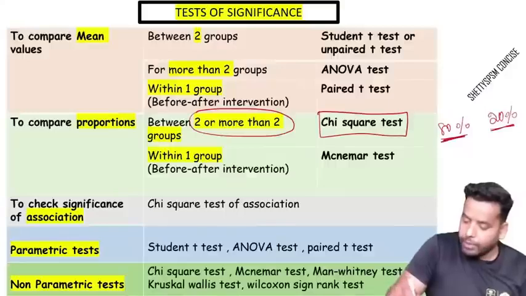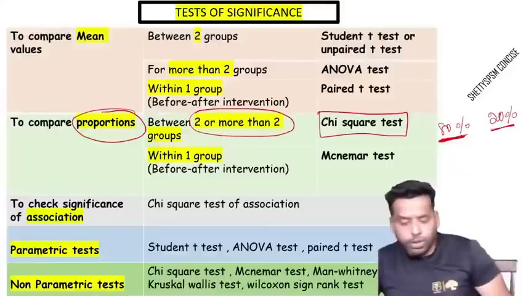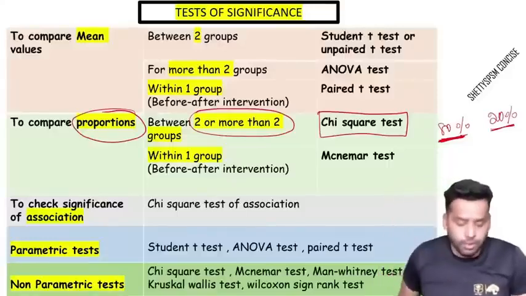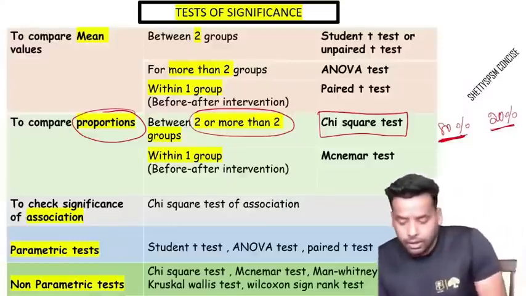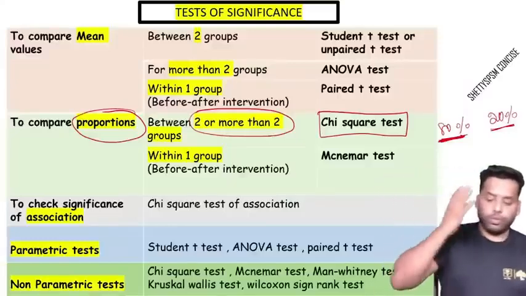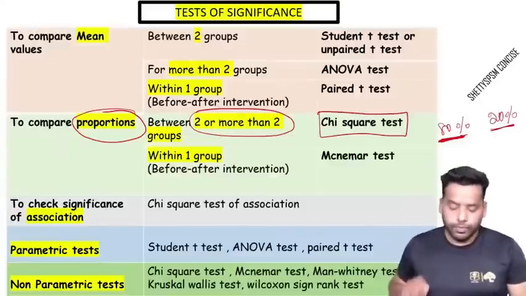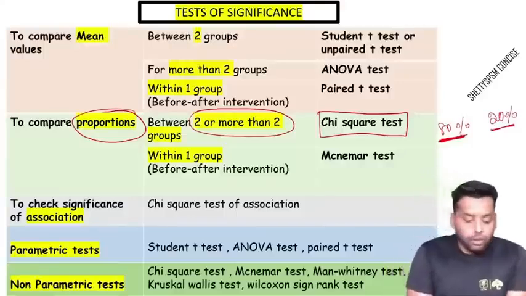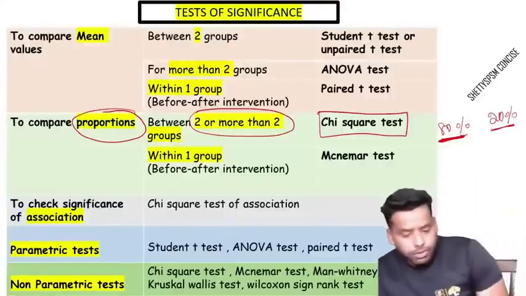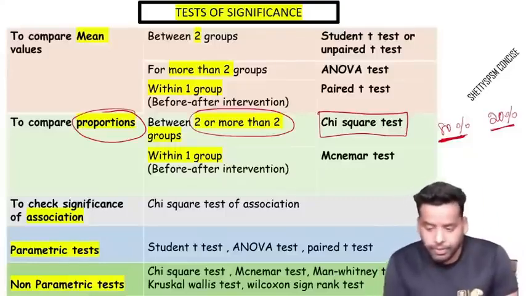What test is used? Chi-square test. Either two groups or more than two groups, if you compare proportions, it is chi-square test.